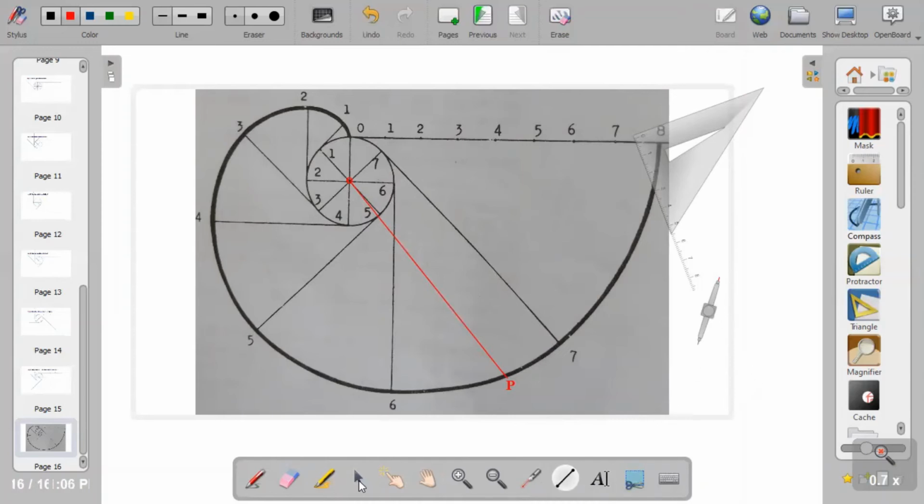Bring out your compass and bisect line OP. Don't forget, when you're bisecting, you pick a radius that is more than half of line OP. Center at point O. Strike an arc above, and you also strike it below.